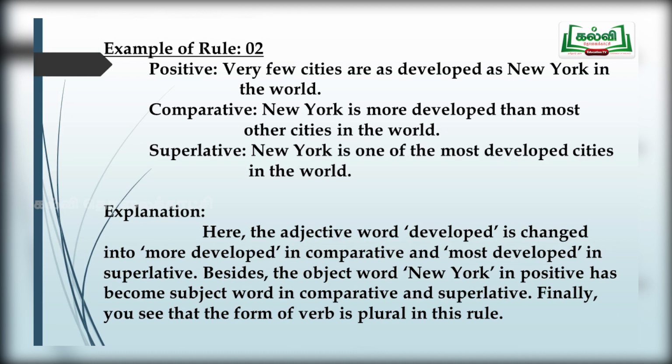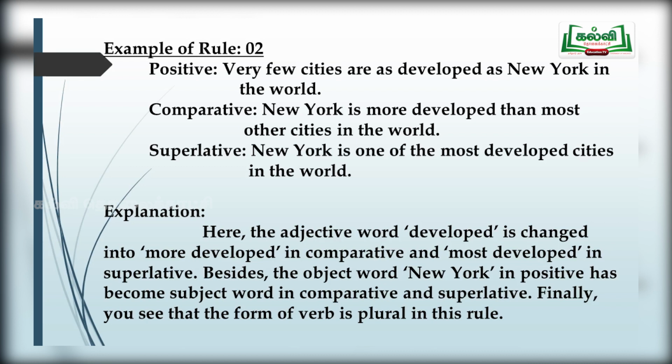In comparative degree, there you find than any other. Here you can find than most other. In superlative degree, in rule 1 you can find the plus est. Here in rule 2, one of the plus adjective in superlative degree.